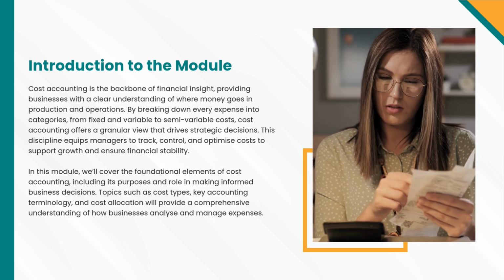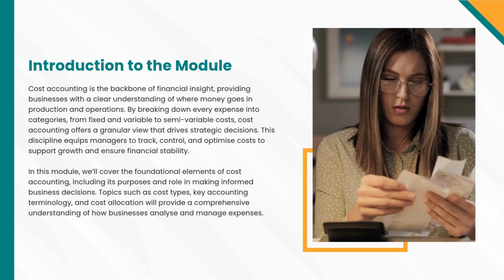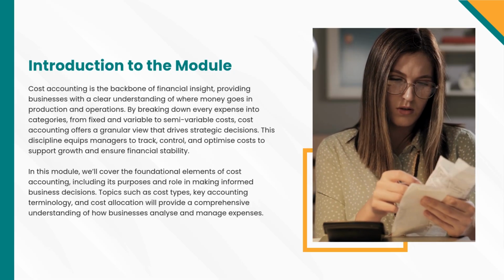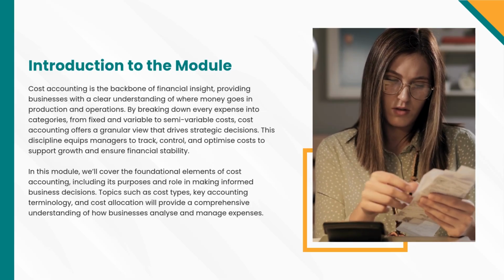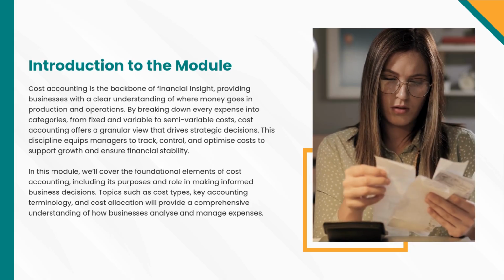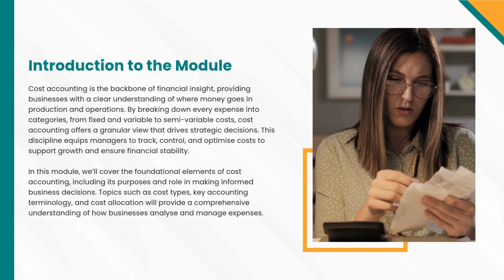In this module, we'll cover the foundational elements of cost accounting, including its purposes and role in making informed business decisions. Topics such as cost types, key accounting terminology, and cost allocation will provide a comprehensive understanding of how businesses analyze and manage expenses.